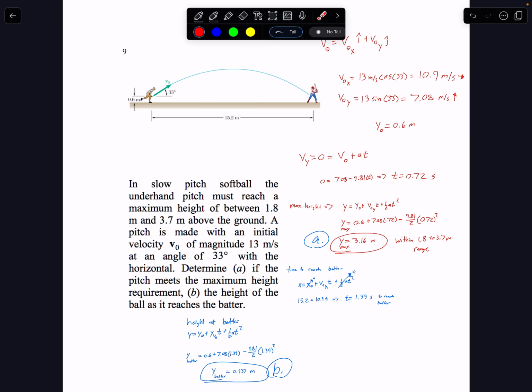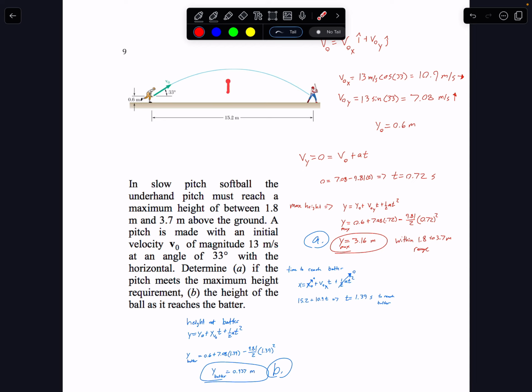Basically, we are looking for the maximum height, which is where you set the velocity of y equals 0. At that point, it's gone up, and it's going back down.